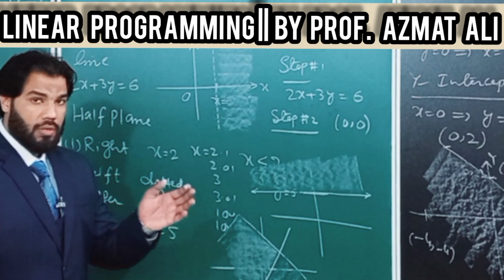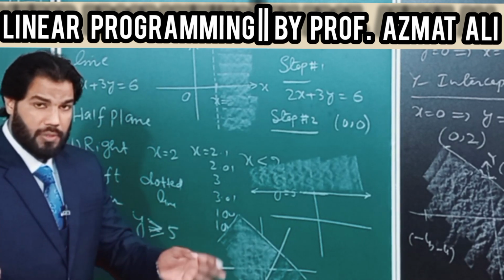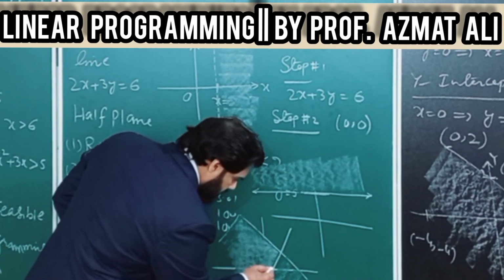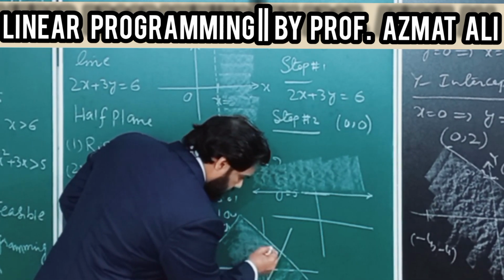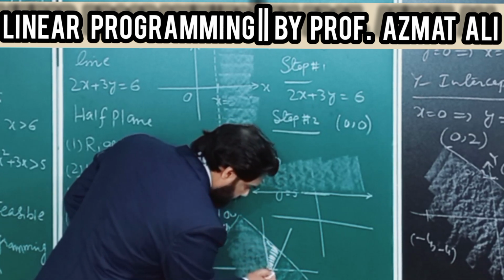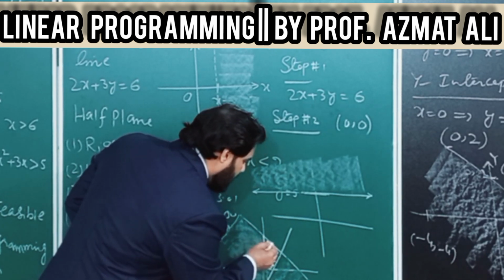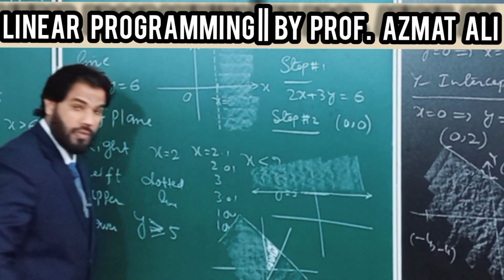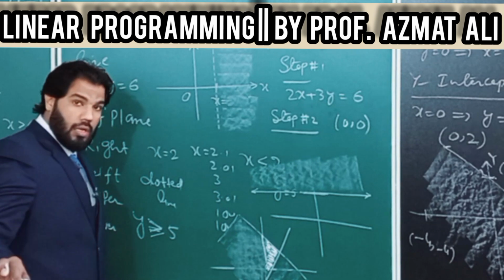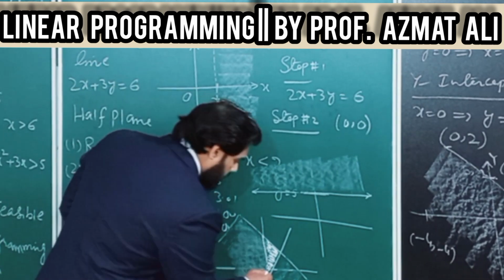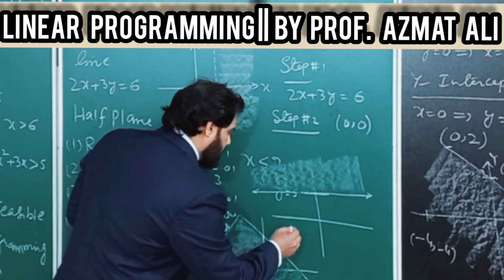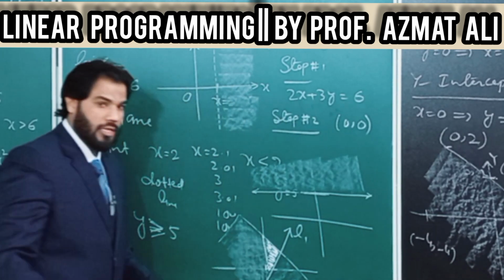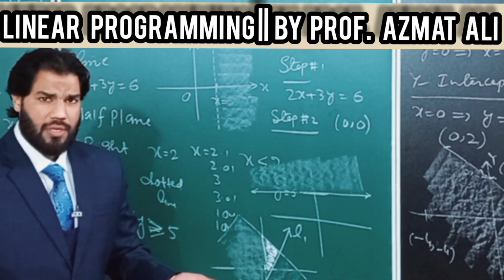Now the common region between both lines is this. Suppose this lies in the first quadrant only. Now, according to this graph, these two lines, this is L1 suppose and this is L2. These are the two boundary lines of some inequalities.